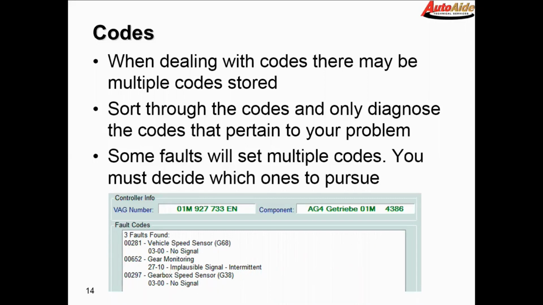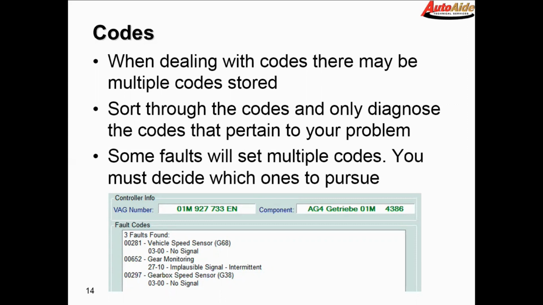For example, this is an older Volkswagen, and I use this car in a fair bit of case studies. It's got a vehicle speed sensor code and a gearbox speed sensor code, so a G68 and a G38. I believe that's the input and the output shaft speed sensors. And then it's got an implausible gear monitoring signal, which means that it's seeing a gear ratio error.